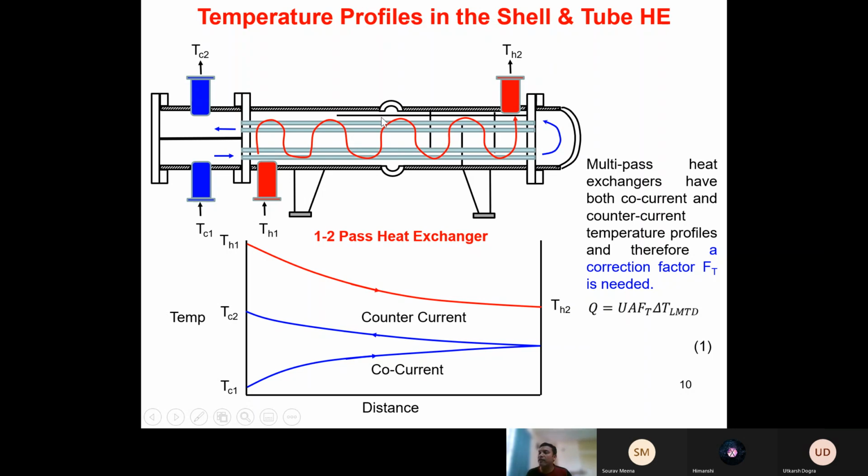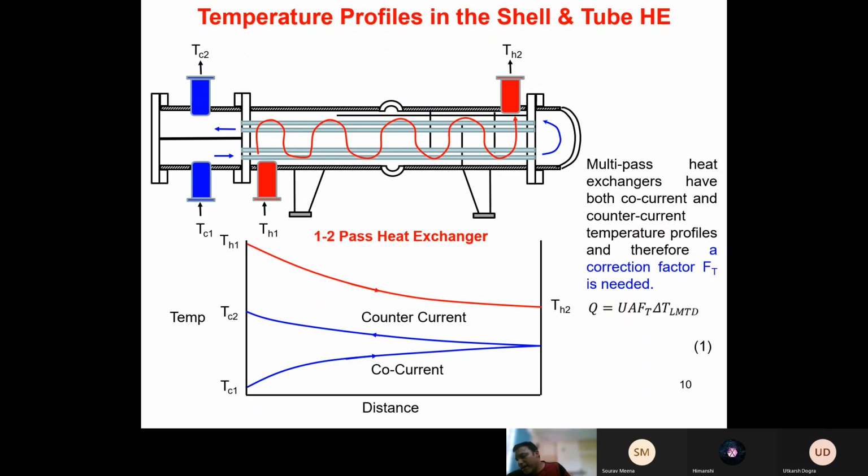These baffles are nothing but 75% cut, 25% cut circular discs, which basically channel the direction of the flow. So you can see that the flow of the shell side fluid is tortuous. It is not exactly parallel. You can call it a cross flow in a way. Do you agree with me?